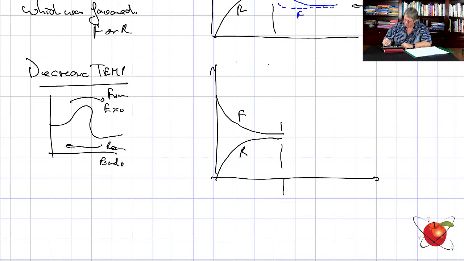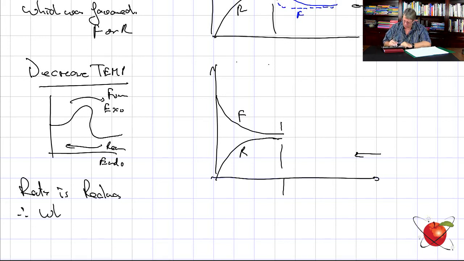So I say, okay, decreased temperature means the rate is reduced. So I know it's going to be in here somewhere. It's going to be lower because it's cooler. Now I say, therefore, which is favored?